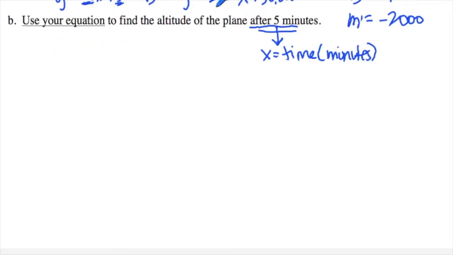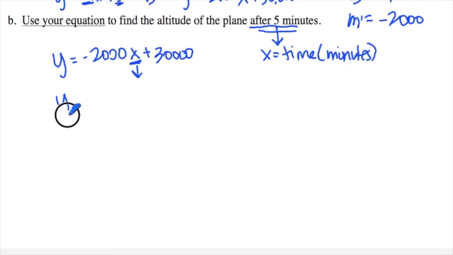So I'm going to take the equation I just wrote in part A: y is equal to negative 2,000x plus 30,000. And I'm going to replace just x and solve for y. So I have negative 2,000 times 5, because that's going to be our time, plus 30,000. And the y is going to tell us how high it's going to be, what the altitude is.